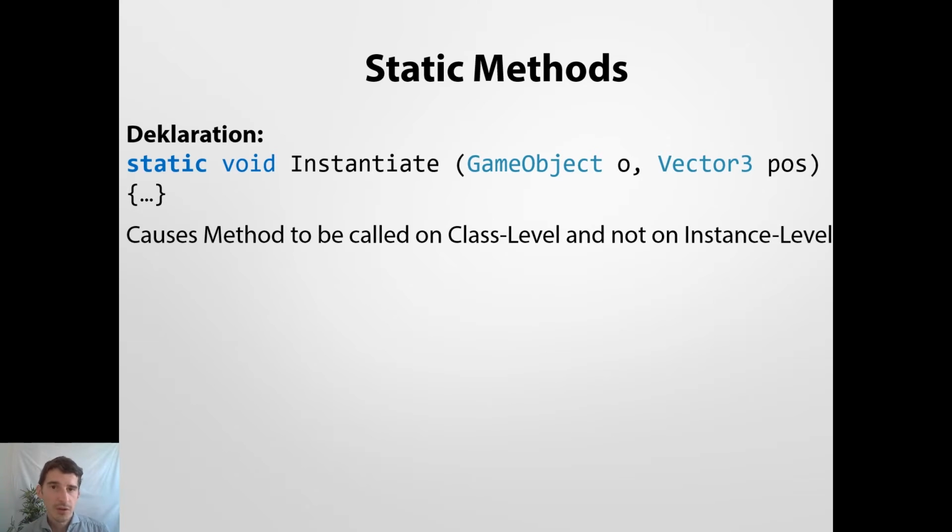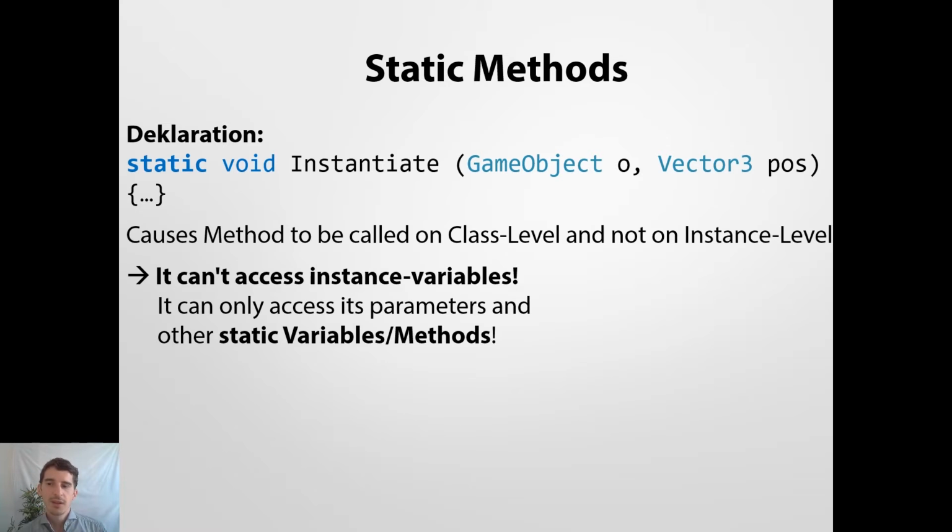This method is no longer called on an instance level, but rather on a class level. And this restricts the method. It can't access instance variables. It can only access its parameters and static variables or methods. You have no access to instance methods or instance variables. That's something you need to be aware of.